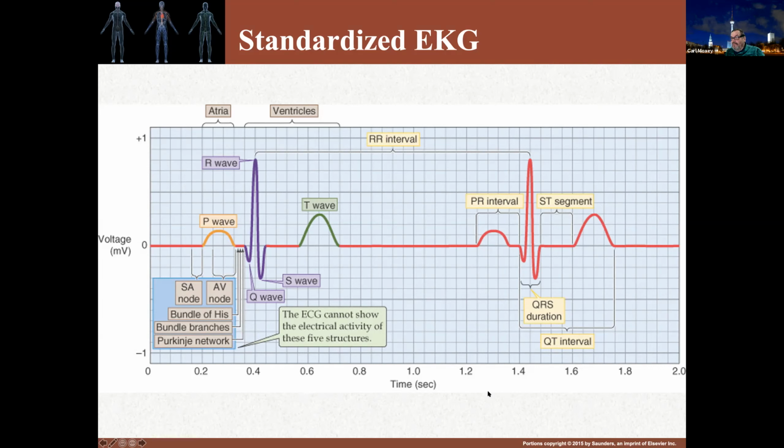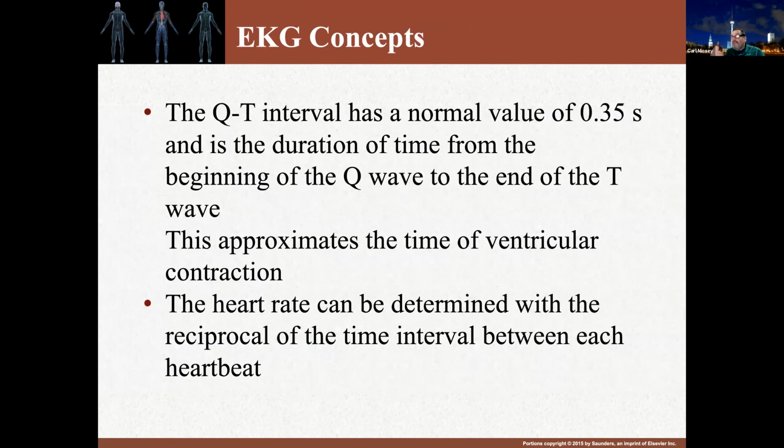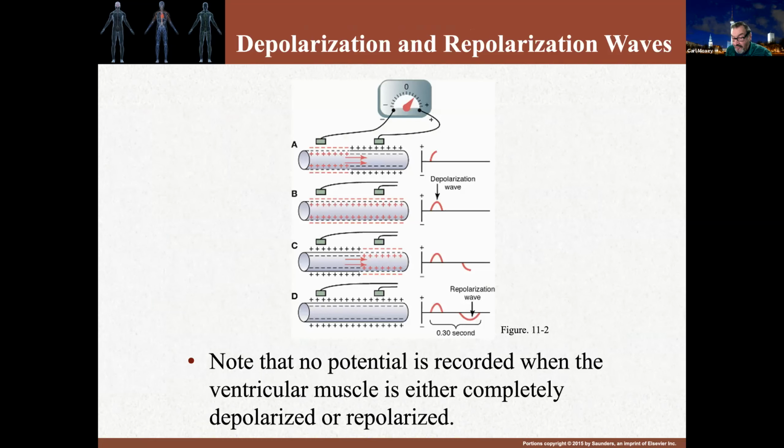And so the difference is 1.04. And so therefore you would divide 60 by 1.04. And that would give you the rate of 158 that we determined. So the reciprocal is to divide the 60 seconds by the time frame for one cycle.